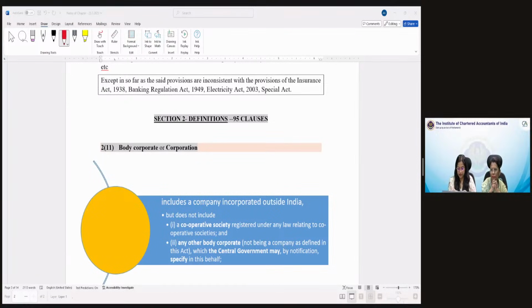We just dealt with it. What will prevail? Specific or general? Yes, correct. The specific section's meaning will prevail. Always remember, the specific section will always prevail over the general meaning.